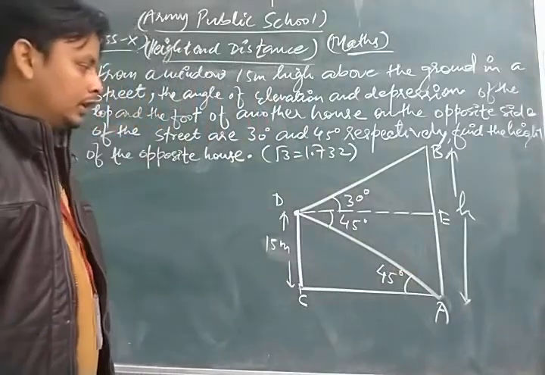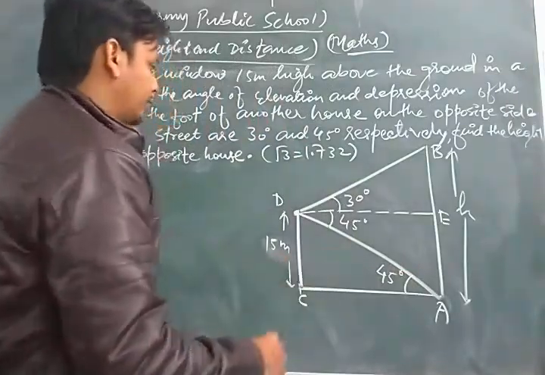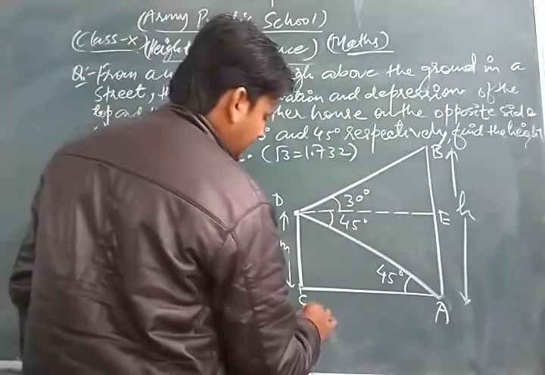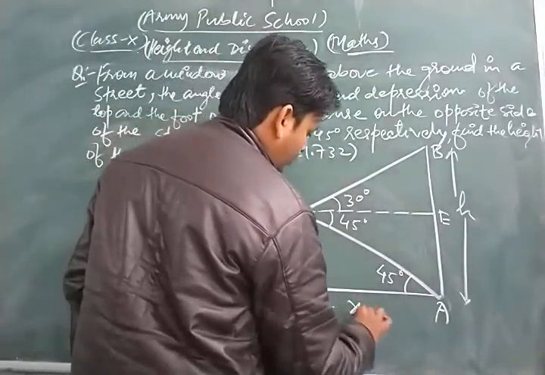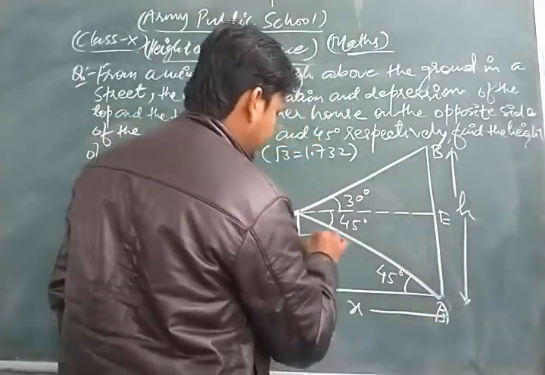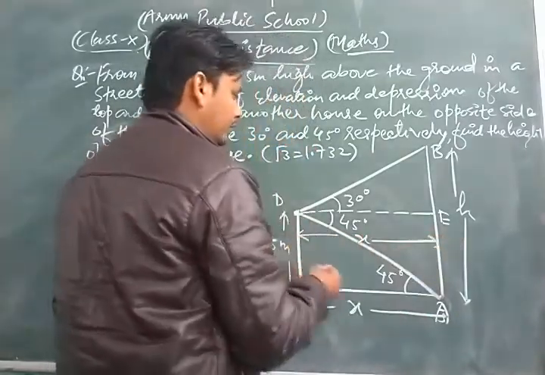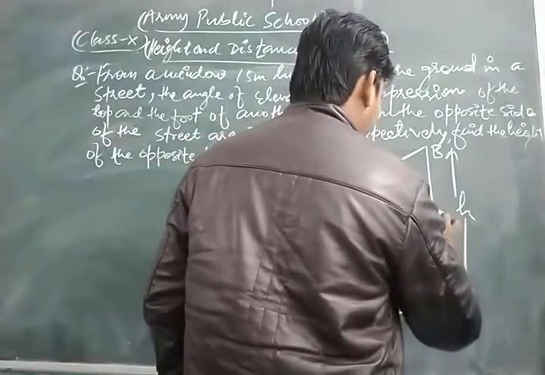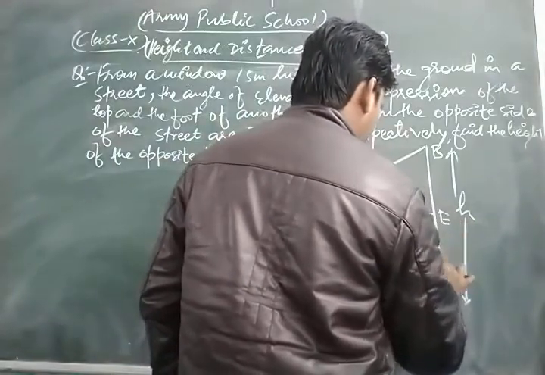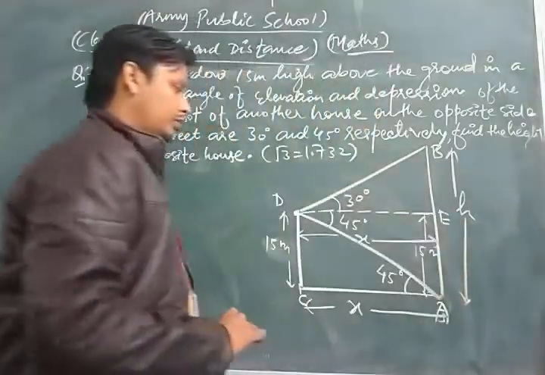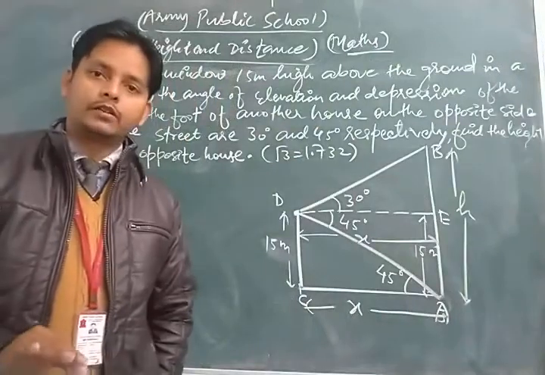Okay. Now, CD is equal to AE from the figure, and let us take AC equal to X meter. AC is the same as DE. So this is the required figure.